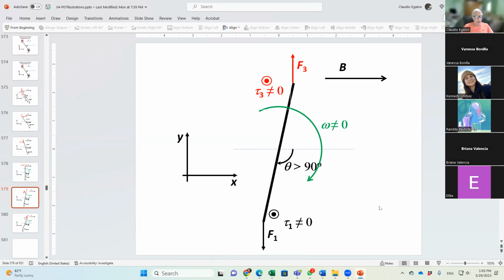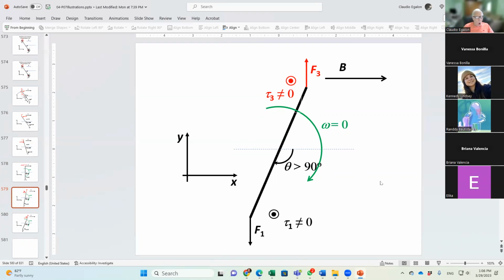But now the torque is going to revert direction. The torque is going to make my loop rotate in the other direction. Component right in here, that's going to make the torque in this direction.